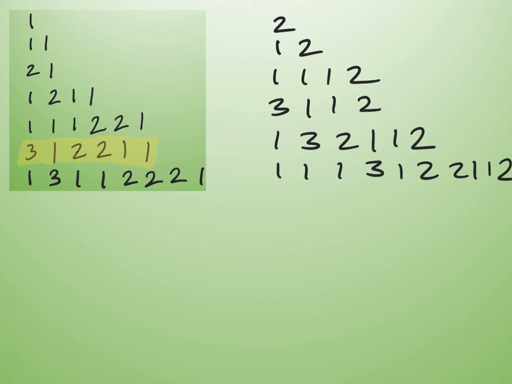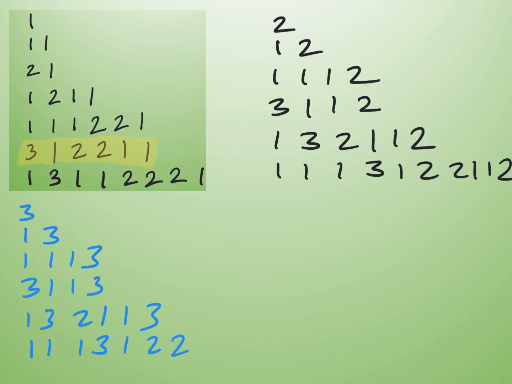And if we change the seed to a 3, we would have 3, 1, 3, 1, 1, 1, 3, 3, 1, 1, 3, 1, 3, 2, 1, 1, 3, 1, 1, 1, 3, 1, 2, 2, 1, 1, 3, etc. Okay, and now let's change the seed to 4.